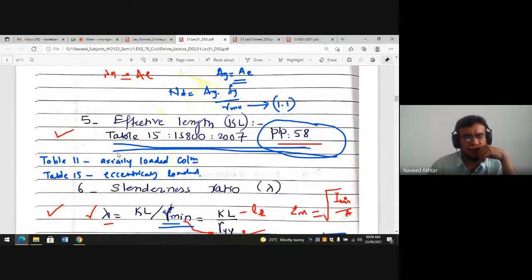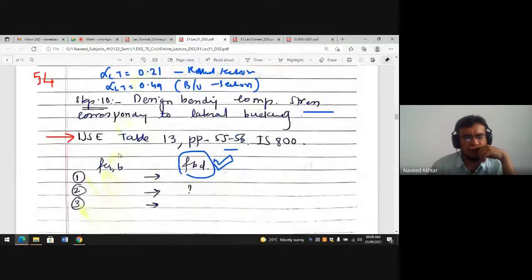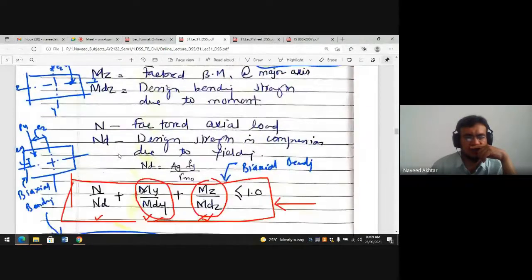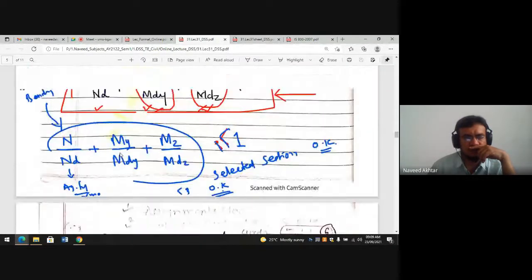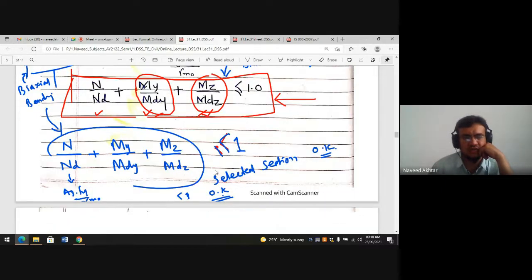In today's class, we also have seen how to find out all the values by interpolation from the given table. You may use the numerical equations also. And this is the last condition where the actual force N divided by Nd, the design strength in compression, plus the moment about y-axis over the design moment about y-axis, plus the moment about major z-axis over the design moment about z-axis, should be equal to or less than 1.